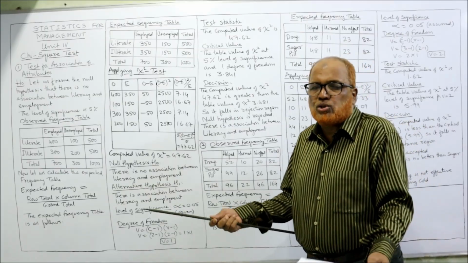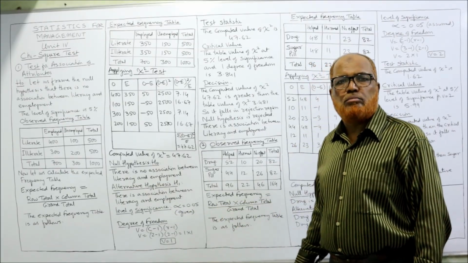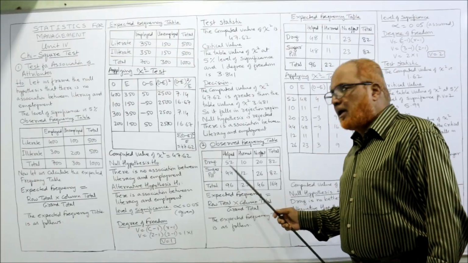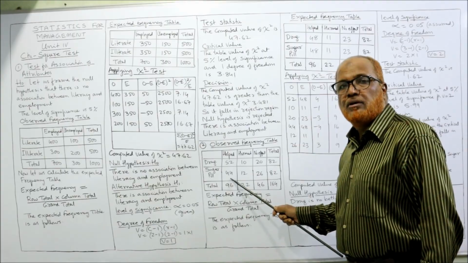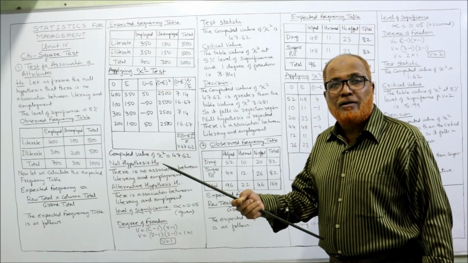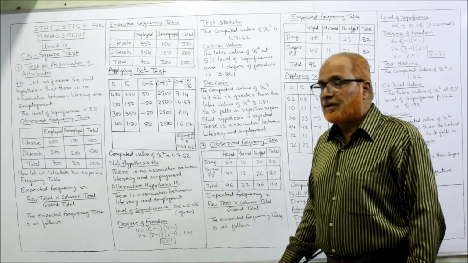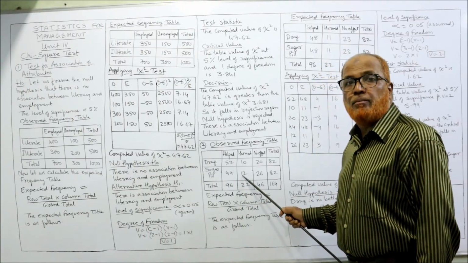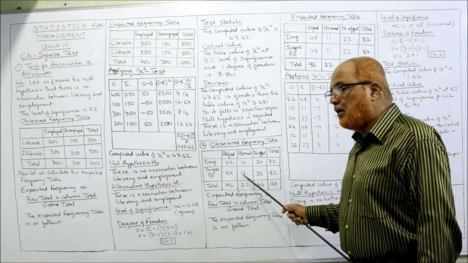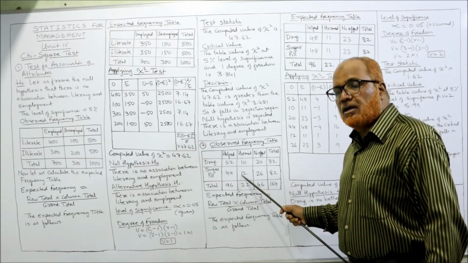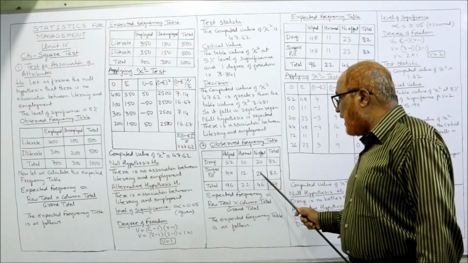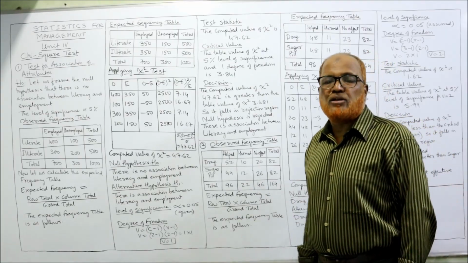Similarly, sugar pill: 82 people were given sugar pill, 44 were helped, even by taking sugar pill the cold was cured. Then 12 people harmed, the cold has increased, and 26 people, no effect at all.